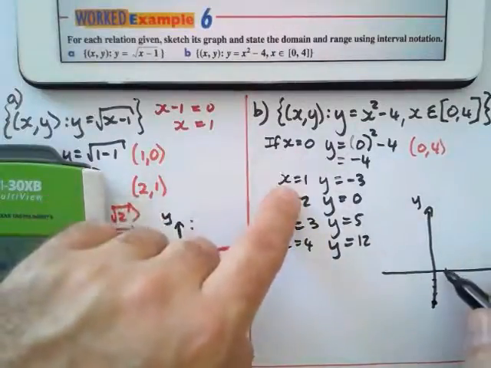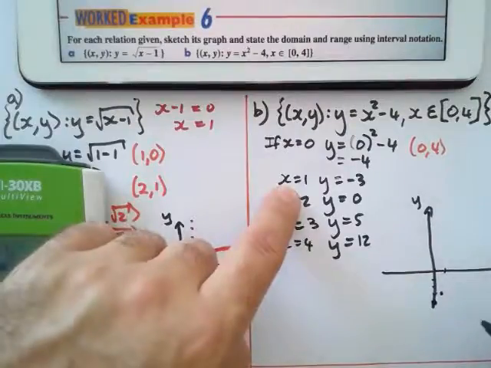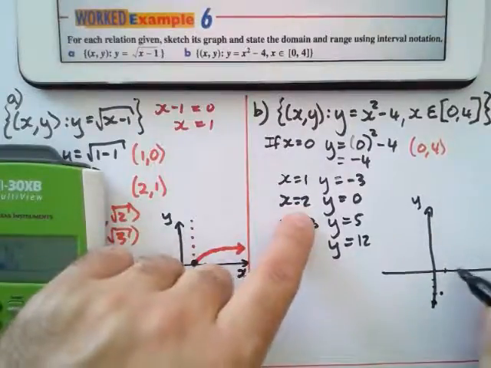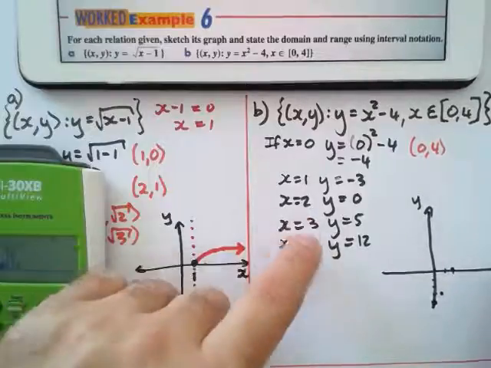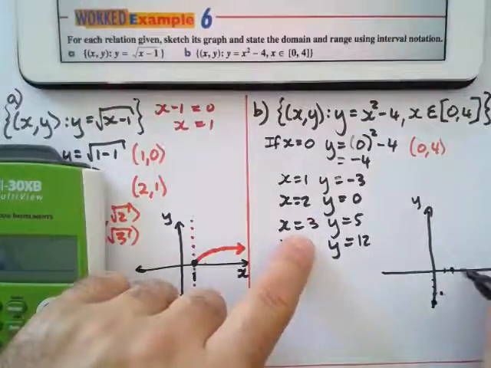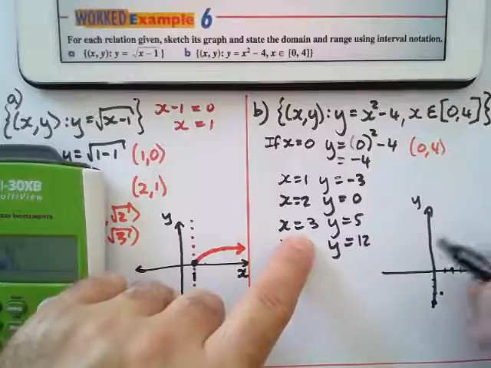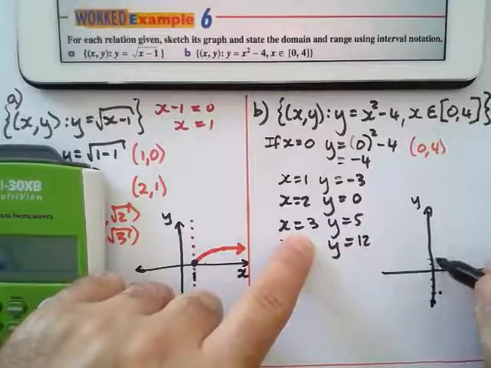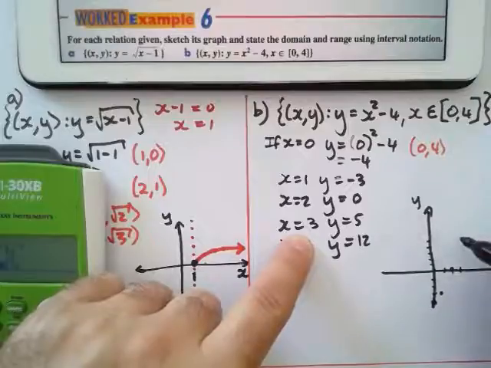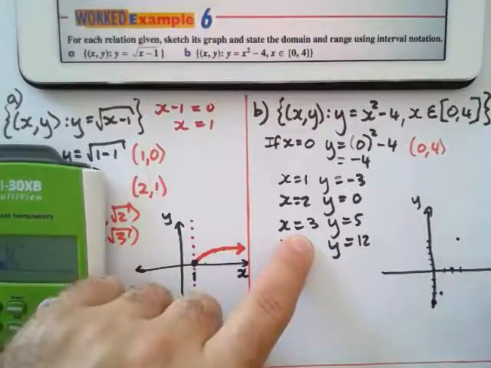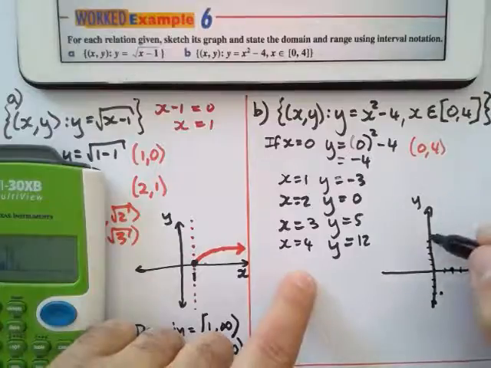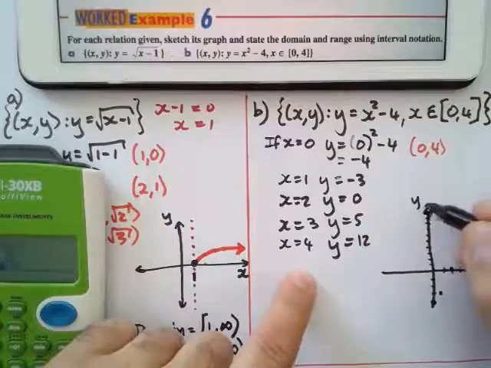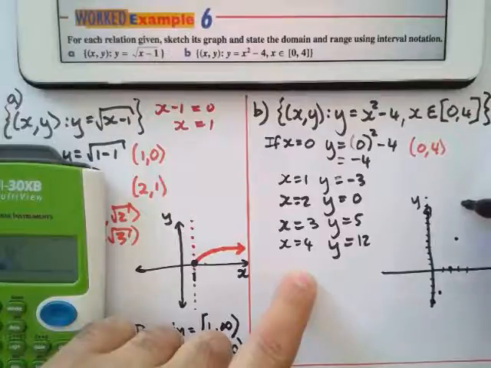When x is 1, y is negative 3. When x is 2, y equals 0. When x is 3, y equals 5: 1, 2, 3, 4, 5. All to scale, of course. When x is 4, y is 12: 5, 6, 7, 8, 9, 10, 11, 12. So it's all the way up there.